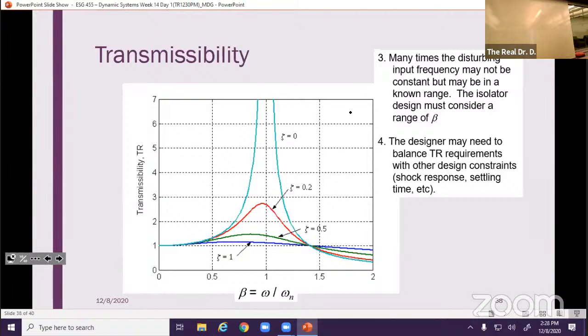You have to see how beta changes for all of those and how that affects your transmissibility. Turns out that just like everything else in designing a system, there is this trade-off. In order to hit transmissibility requirements, you may have to compromise on other design constraints like shock response, settling time, things like that, how much overshoot you have.